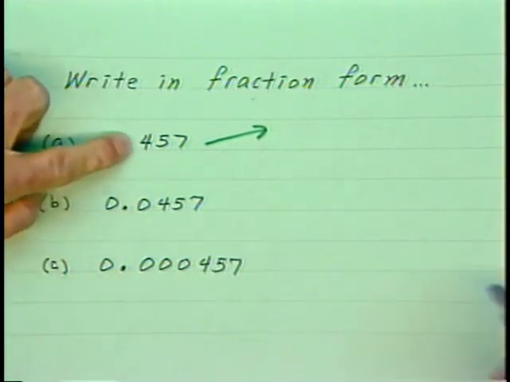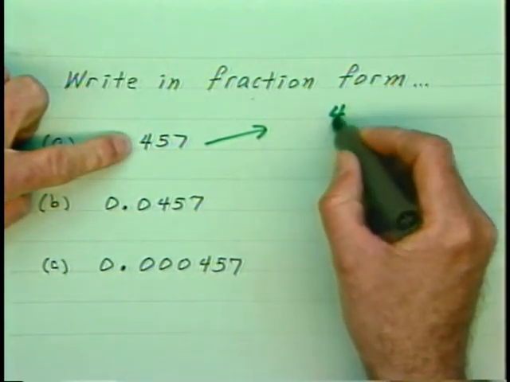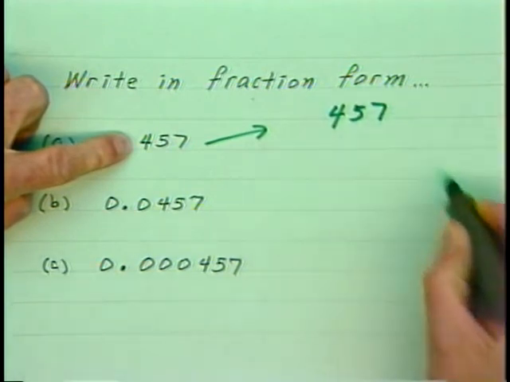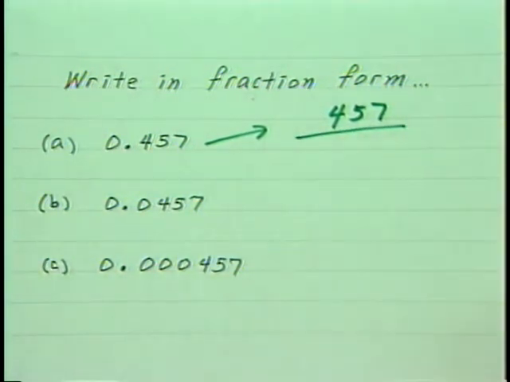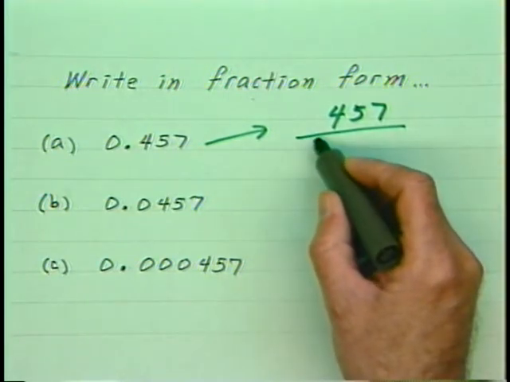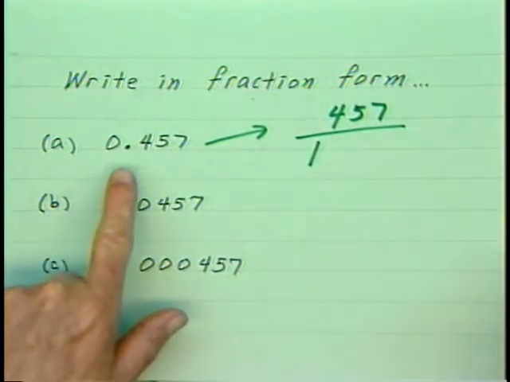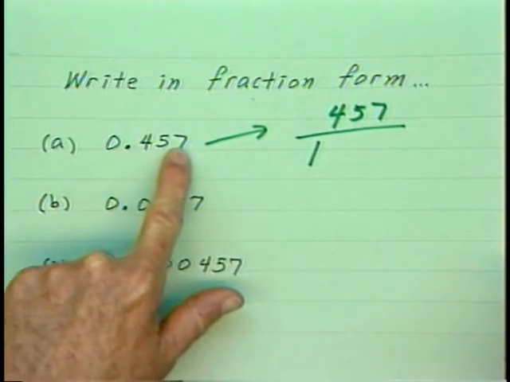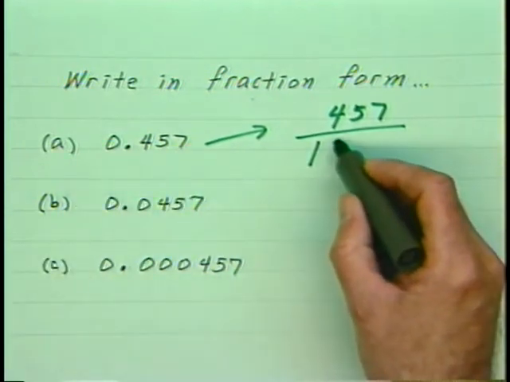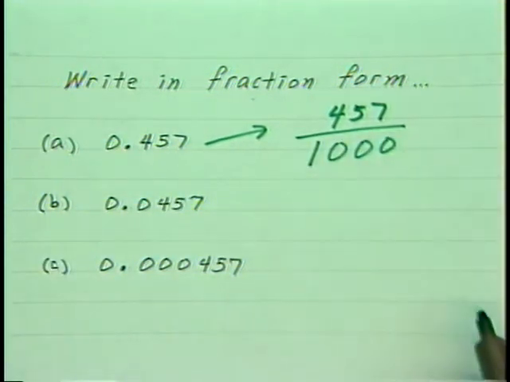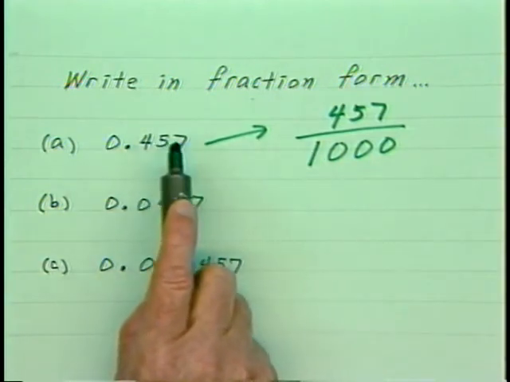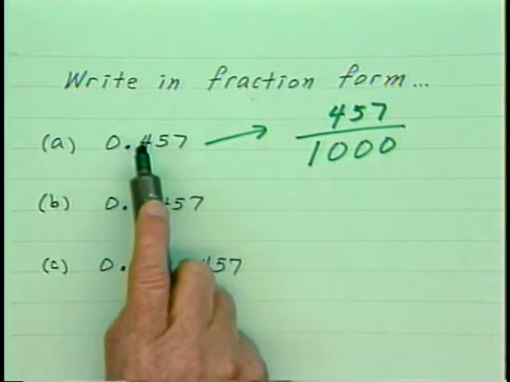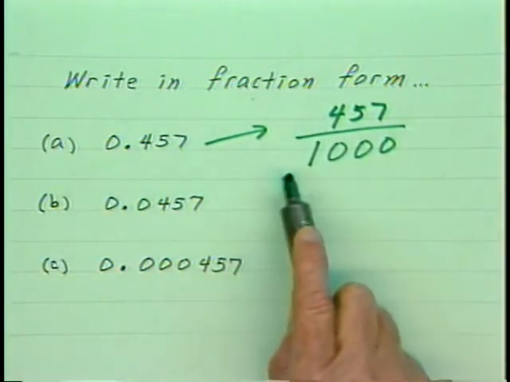So we have the number 457, but the decimal point says that this is a special kind of a fraction. Specifically, it's over a 1 followed by 1, 2, 3 places. Or if you wanted to say it, you would say this is 10th place, 100th place, 1,000th place, so 457 thousandths.